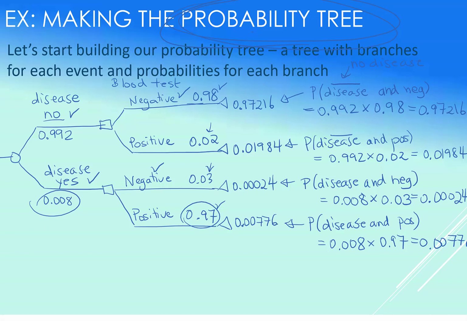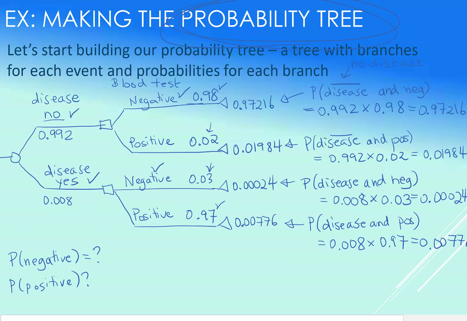We've got all of the ands now. What we need to do next is figure out, based off of all of the ands, what are the odds of somebody testing negative, and then what are the odds of somebody testing positive. Okay, so let's have a look here at the times where somebody tests negative. It's here and here.